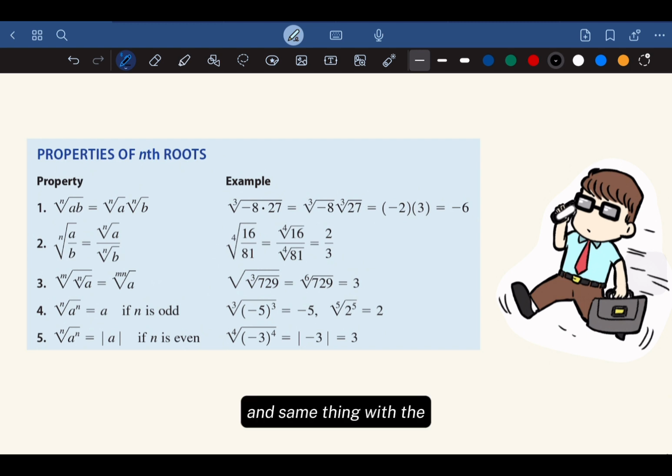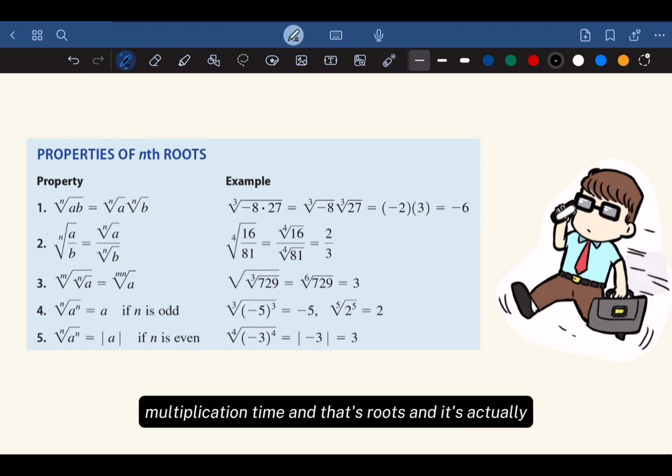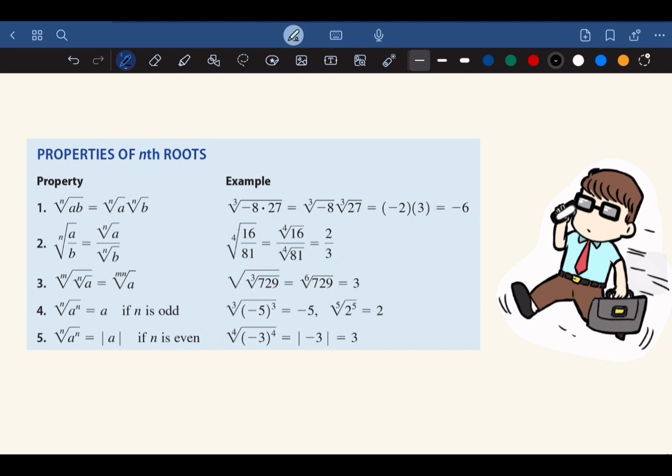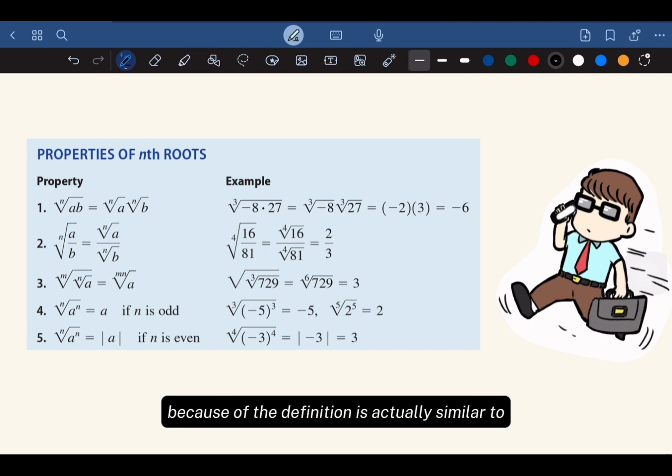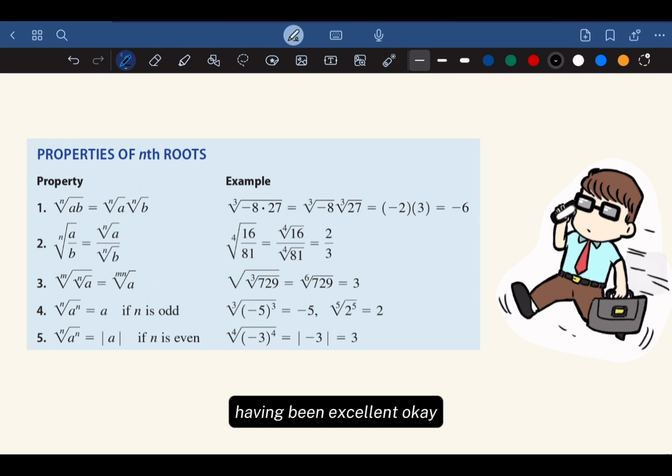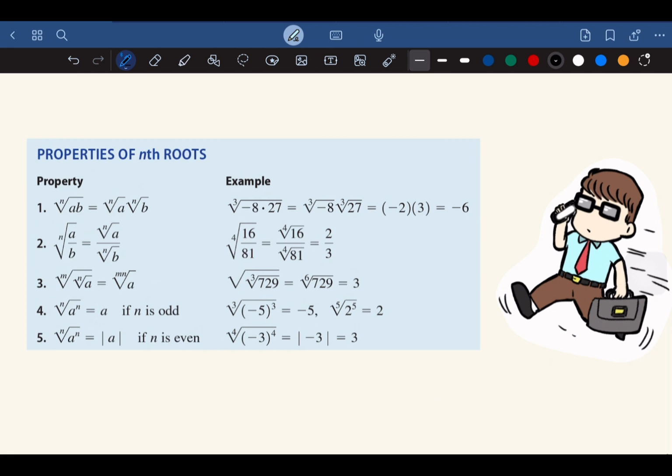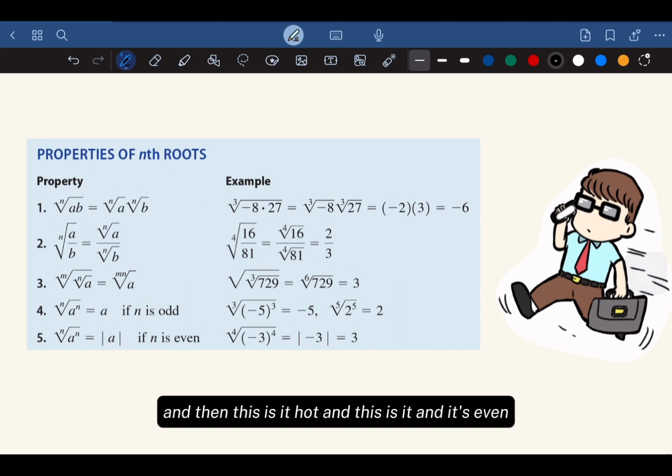And the same thing with a over b, we can also separate that. And if we have a root of another root, we can have multiplication mn as the root. It's actually the idea of roots, because of the definition, is similar to what we have in exponents. Okay, and then this is if n is odd, and this is if n is even. Okay?